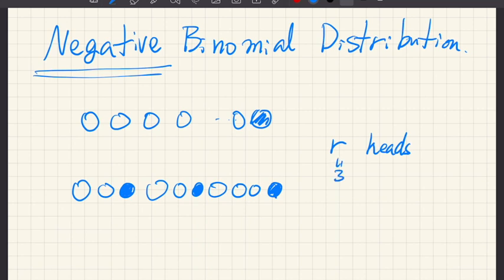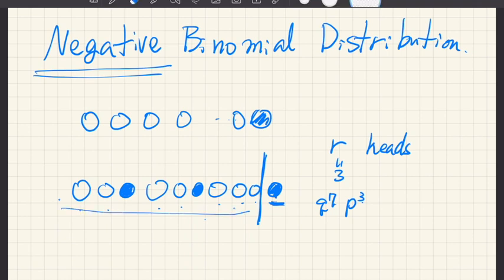And what's the probability of this? 1, 2, 3, 4, 5, 6, 7 tails, and 1, 2, 3 heads. But we do not care about the order of heads and tails except for the last one. So these 2 heads could have appeared anywhere in this.